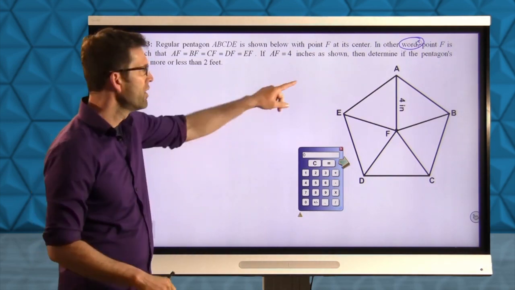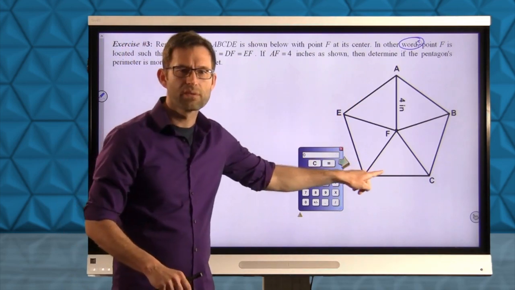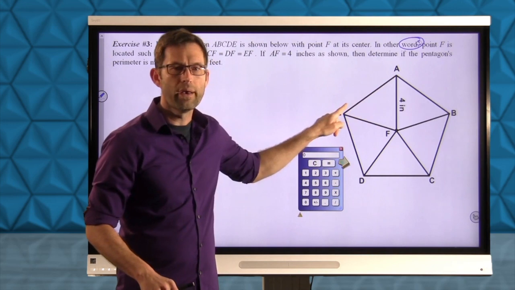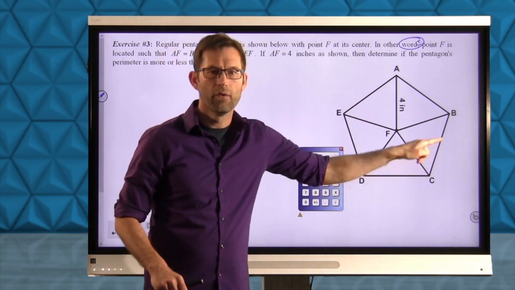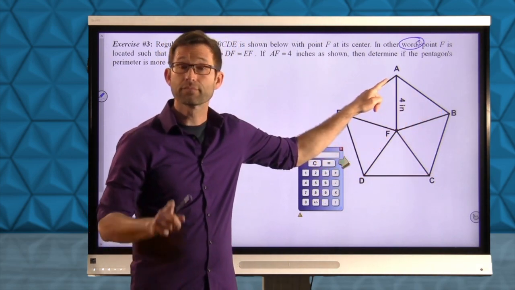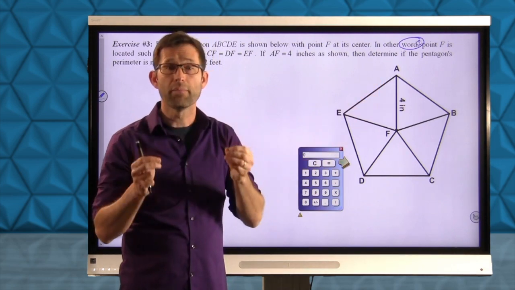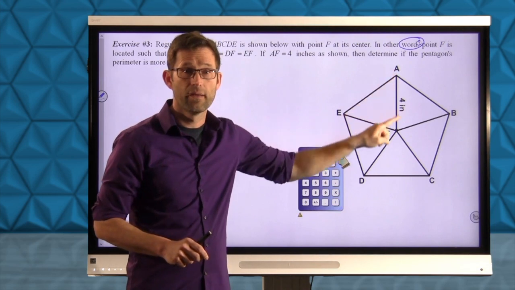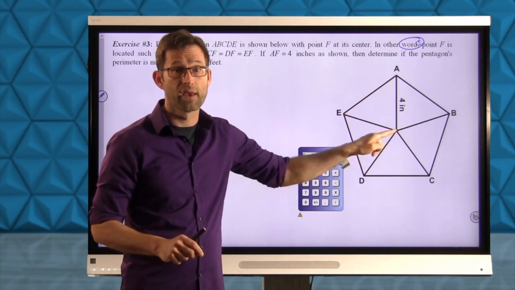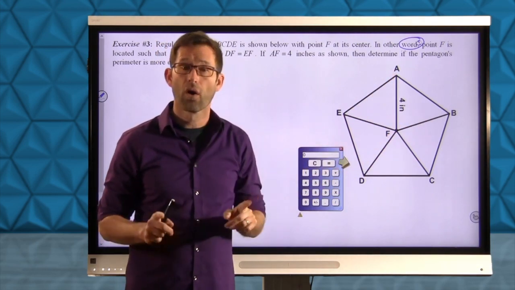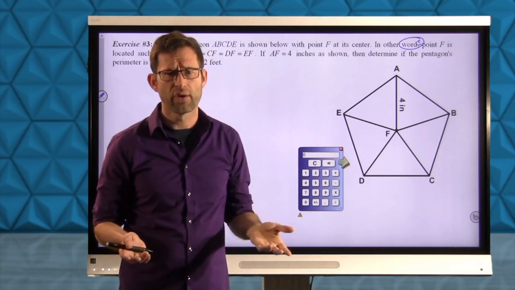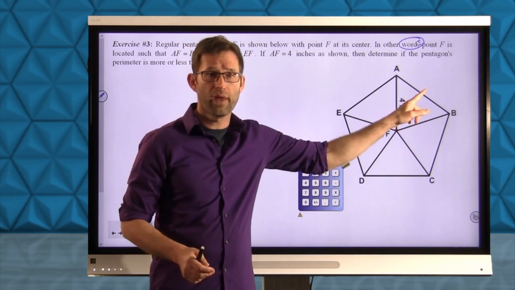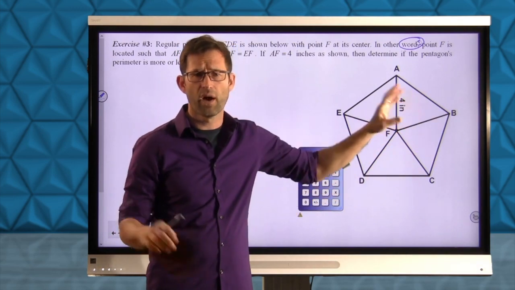I need to figure out if I added up the lengths of the 5 sides that surround this regular pentagon, 1, 2, 3, 4, 5, will it be greater than or less than 2 feet? Based on the fact that this, and this, and this, and this, and this, are all 4 inches. Now watch out, you might say to yourself, these are equilateral triangles, so if that's 4, that's 4, so I can just do 4 times 5, get 20.